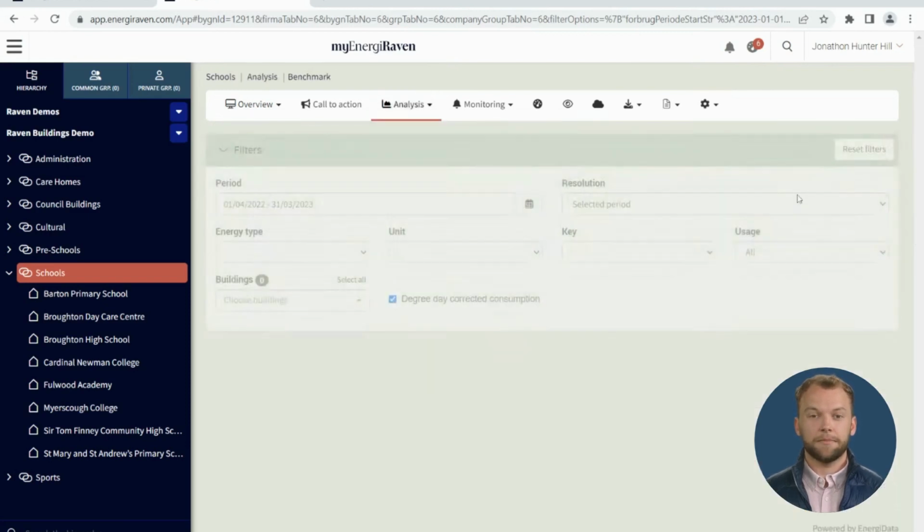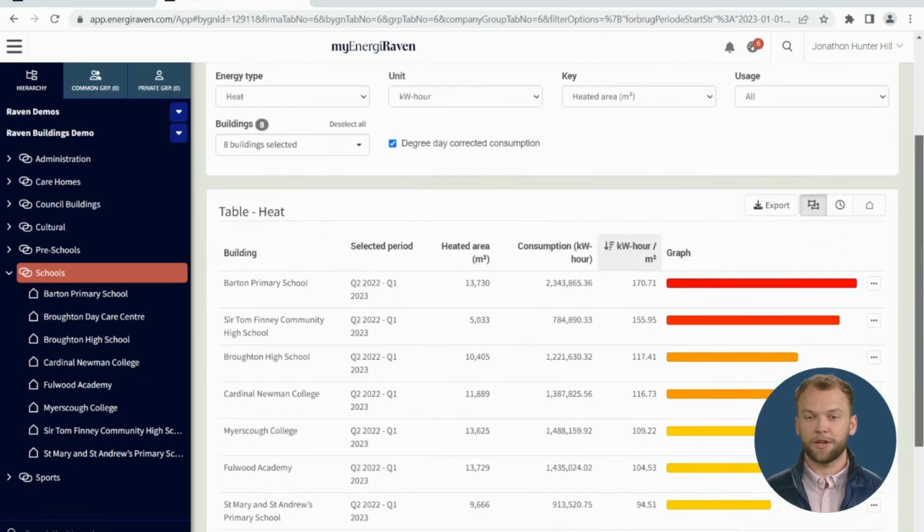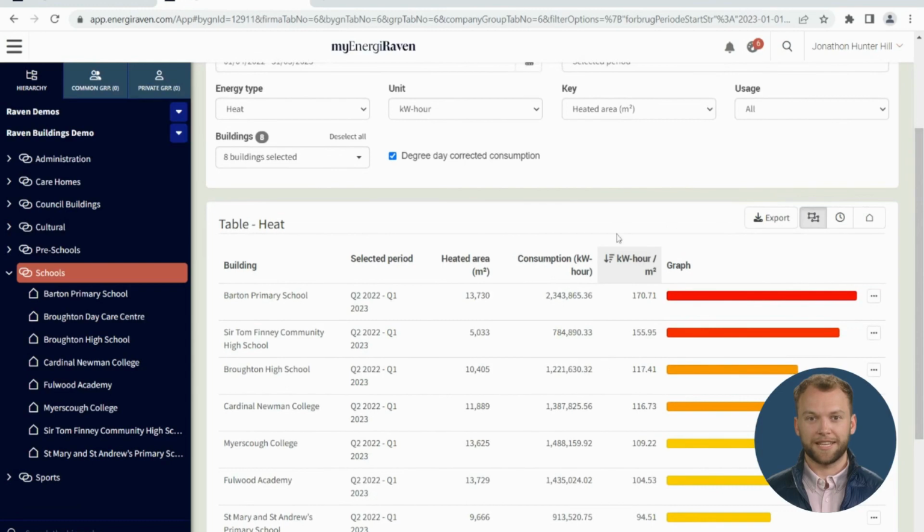By calculating a building's energy intensity in kilowatt hours per meter squared, we can get a good feel for its energy performance. Moreover, it helps us prioritize our activities by targeting and identifying the worst performing building. It is likely that the worst performing buildings are going to generate the best financial savings.